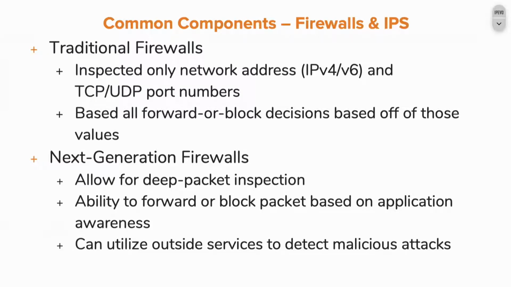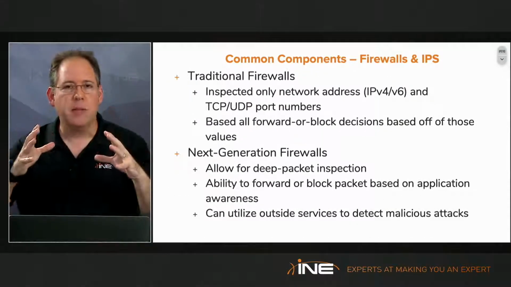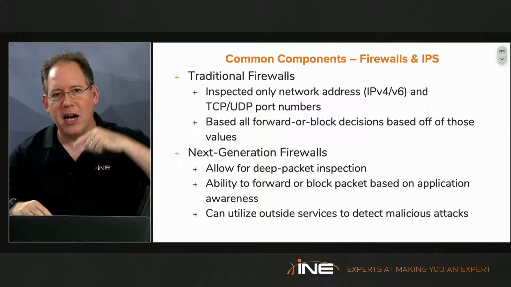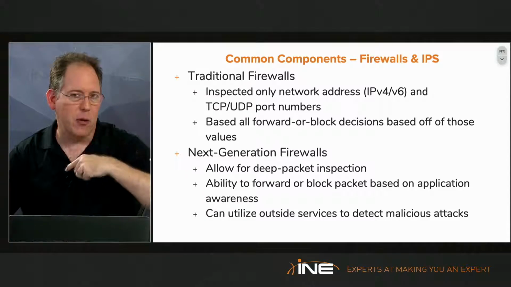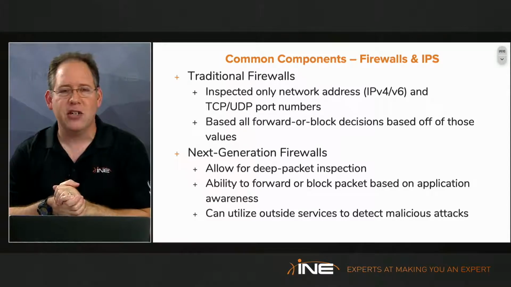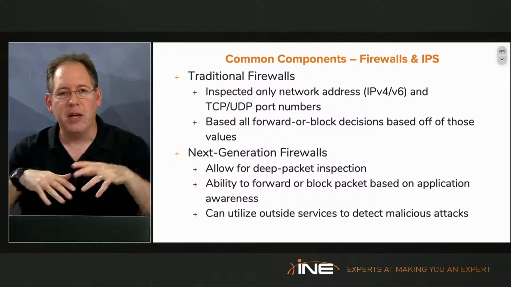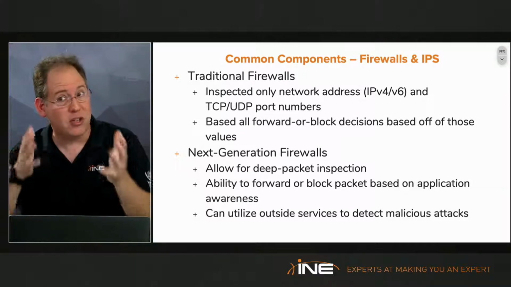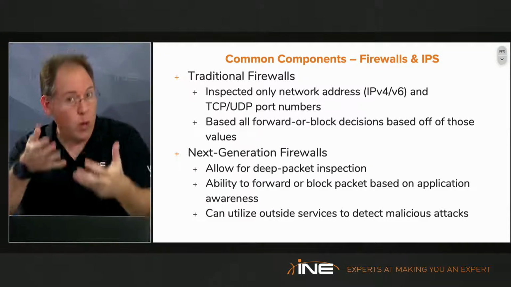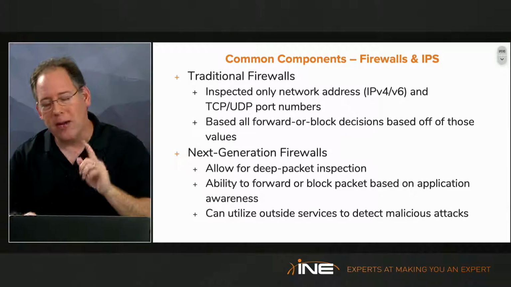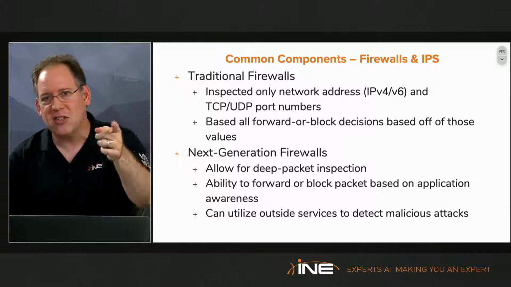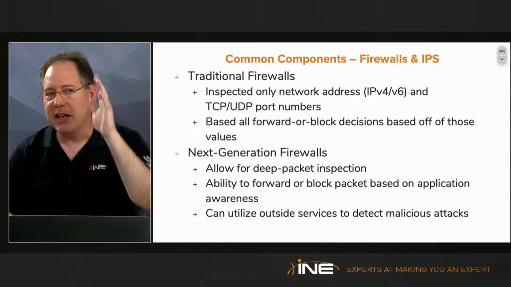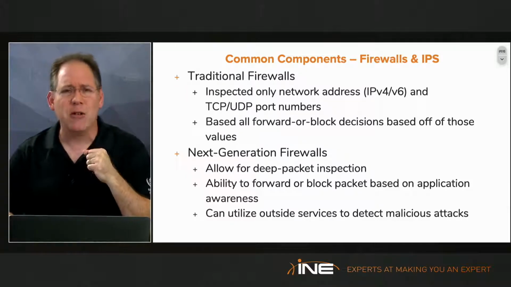A lot of firewalls these days, when you hook them up to your network, have the ability to constantly reach outside of the network. For example, with a lot of Cisco next generation firewalls, when you install them, you actually purchase a subscription to a service that Cisco offers along with the firewall. And so the firewall is constantly talking back to servers at Cisco, saying, hey, give me information about the latest viruses out there.